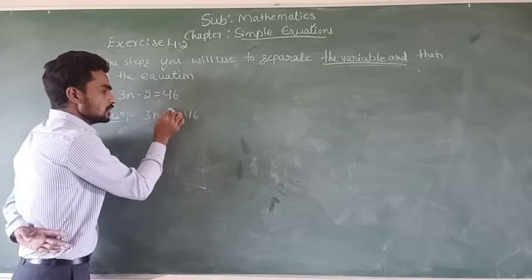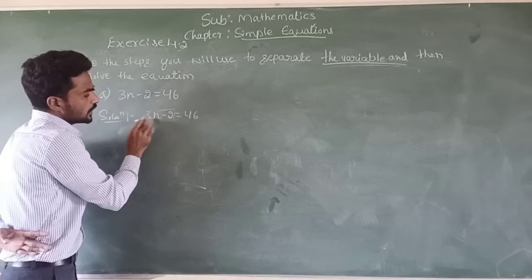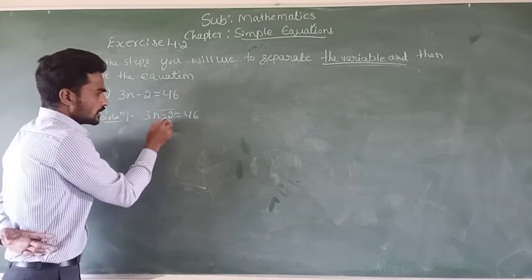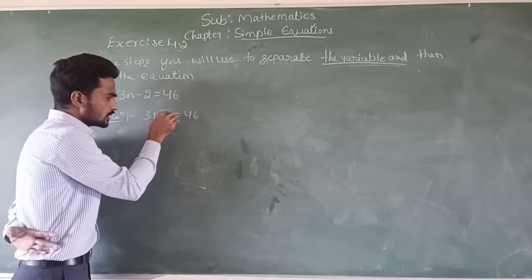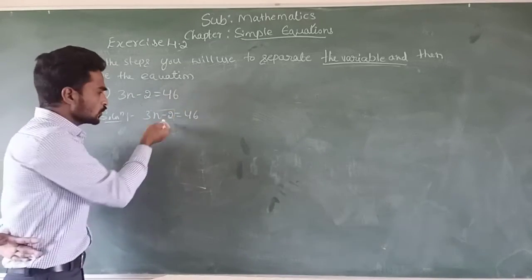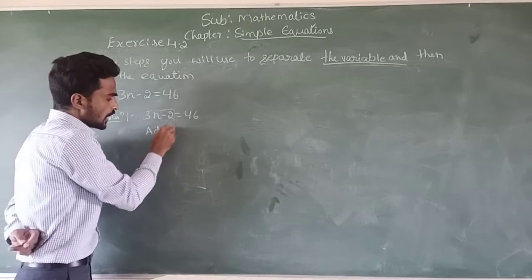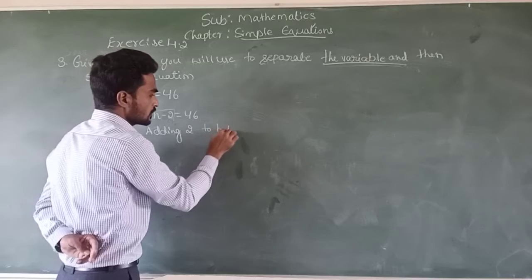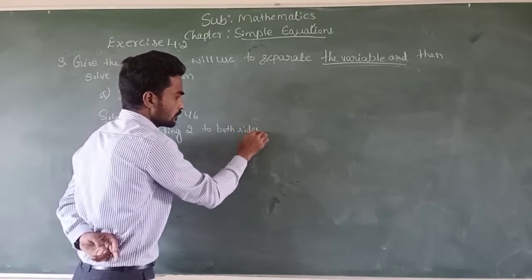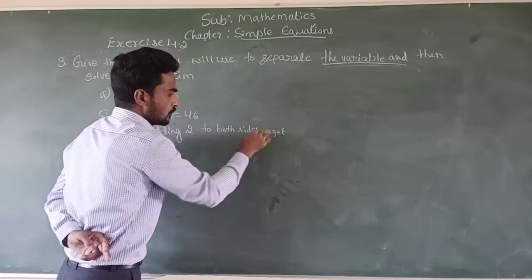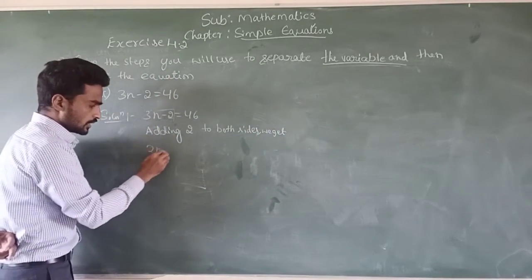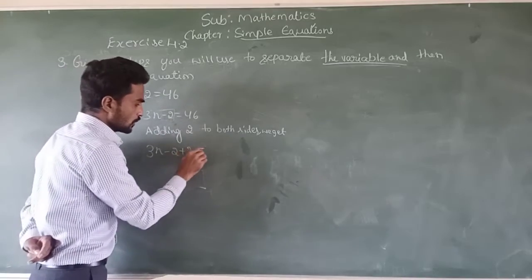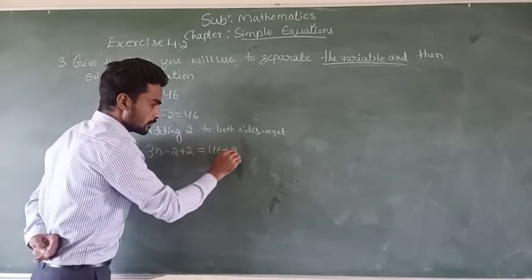First we can separate this variable term from these two. Here minus 2 is there. For cancelling this 2, we can add 2 on both sides. Adding 2 to both sides, we get 3n minus 2 plus 2 is equal to 46 plus 2.